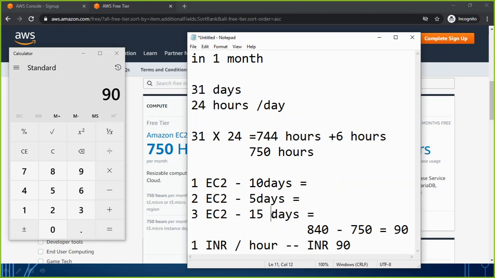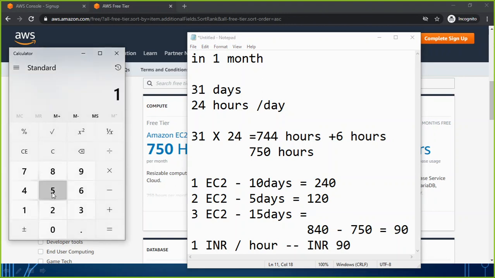You just calculate all these values and you will get the idea. Here it is 240 hours because you have run for 10 days, 24 hours per day. This one you run for 5 days, so it is going to be 120 hours. And here you have run for 15 days, so simply calculate 15 multiplied by 24 hours per day, which is 360.